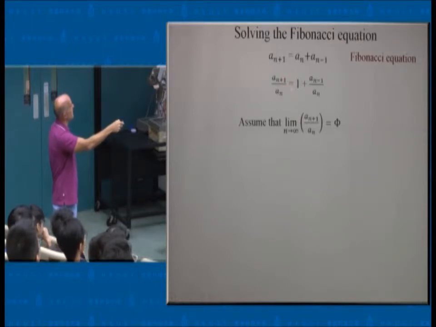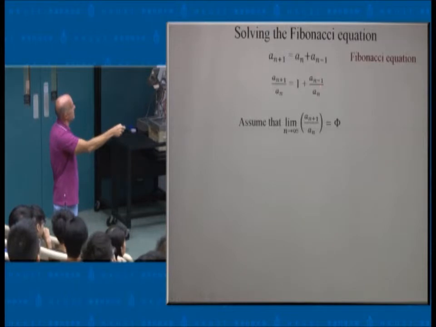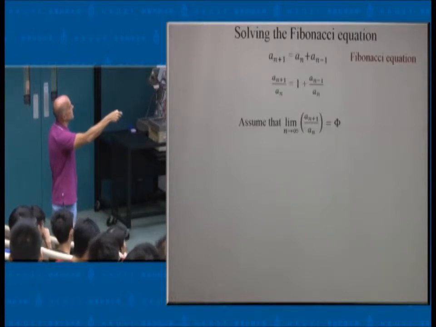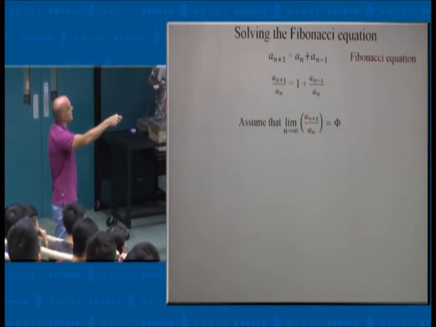Okay? Phi equals 1 plus, and then what is this thing? This thing is the reciprocal of A sub n divided by A sub n minus 1, right? So it's the larger one divided by the smaller one in the sequence, but the reciprocal of that. And n goes to infinity, so it doesn't matter whether this is A(n+1) over A(n), or this is A(n) over A(n-1), or this is A(n-2) over A(n-3).